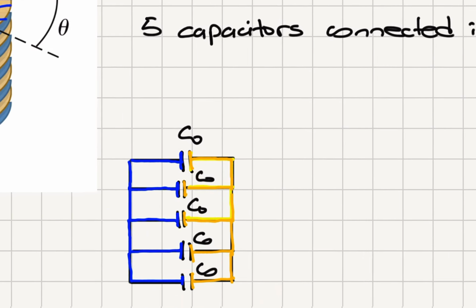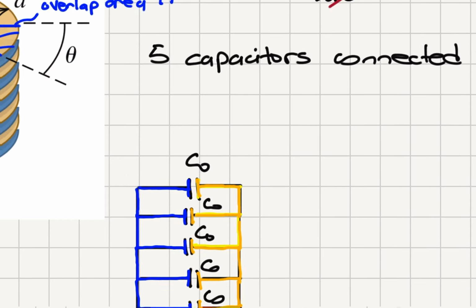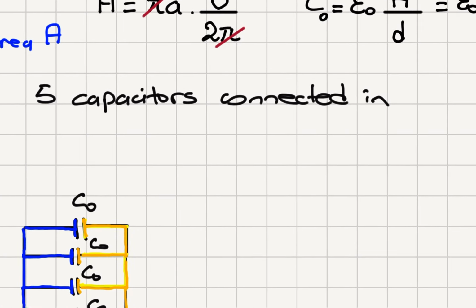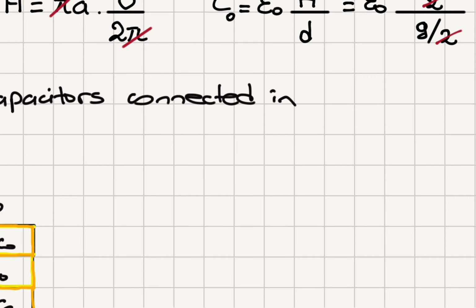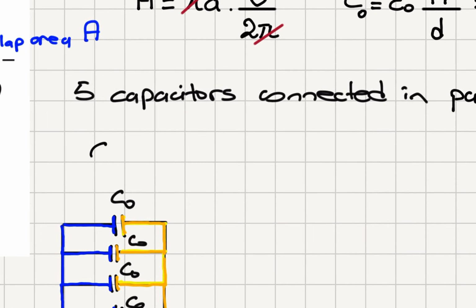So you can see that these capacitors are connected in parallel, and parallel connection of the capacitors will give me an effective capacitance that's 5 times the capacitance. So 5 capacitors connected in parallel will give me an equivalent capacitance that is 5 times the individual capacitances C0.